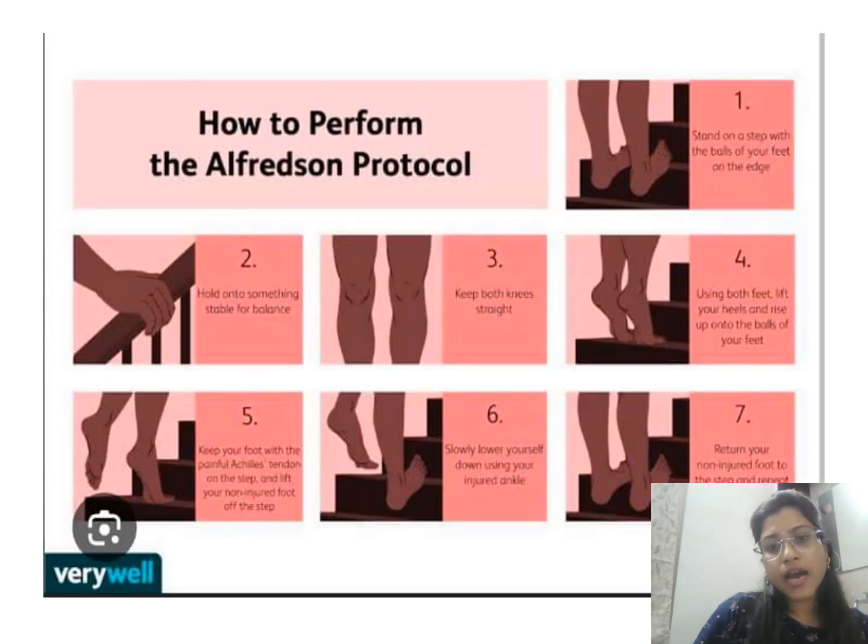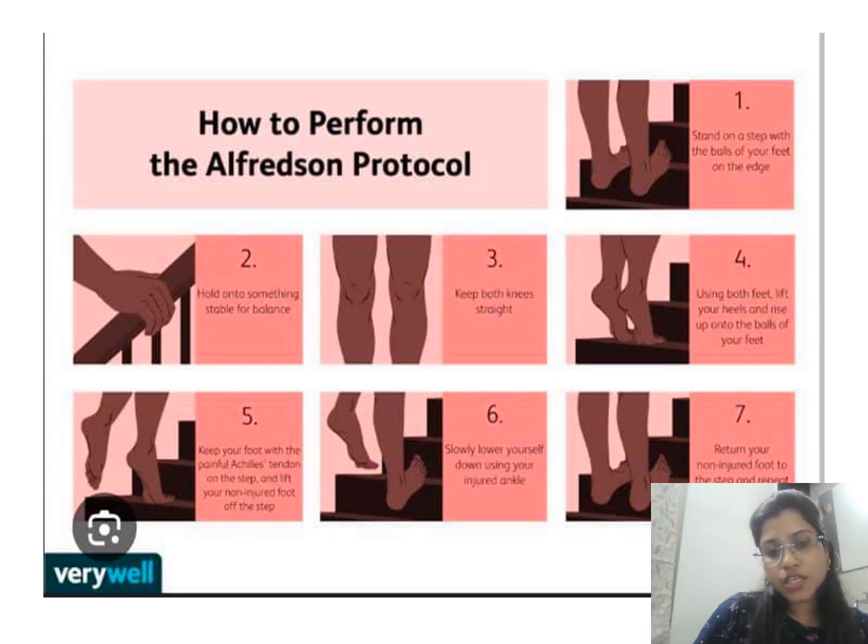How do you perform the Alfredson protocol? First, ask the patient to stand on a step with the balls of the foot on the edge of the step. Next, ask them to grip onto some support. Keep both knees straight. Then, using both the balls of the feet, ask the patient to stand up on the step.